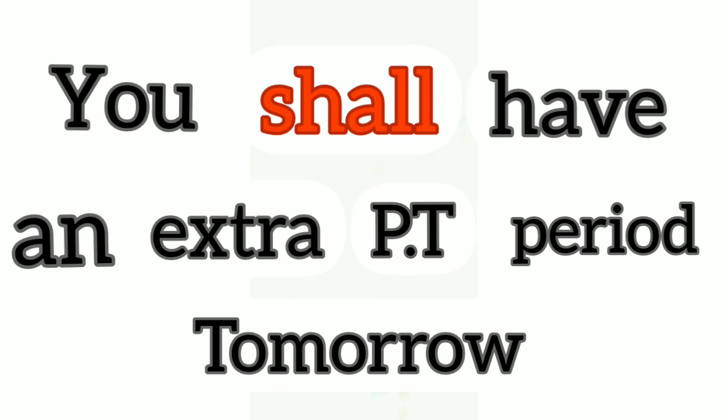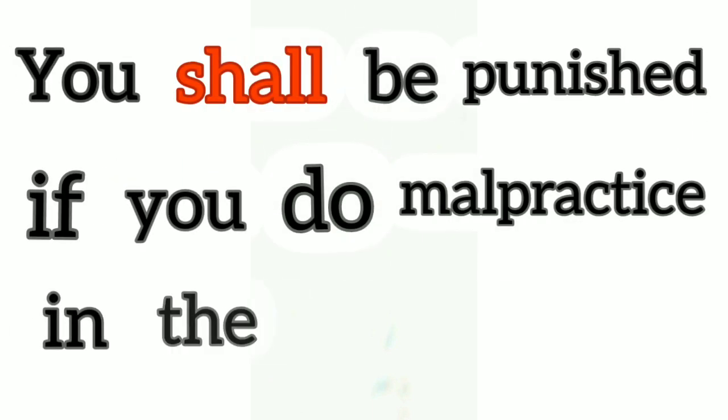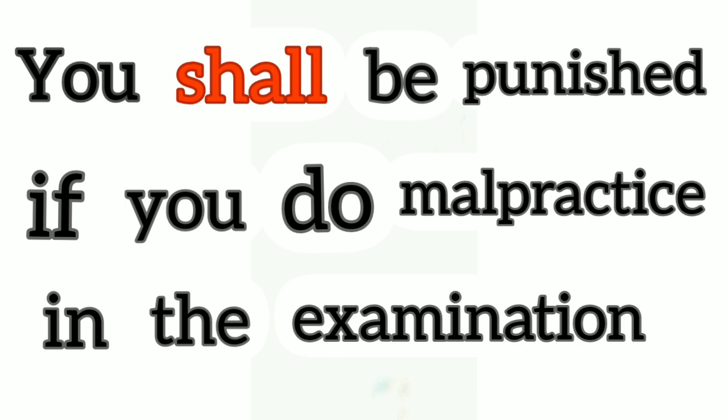And now you can use shall again with second person to convey threat. So you can say, you shall be punished if you do malpractice in the examination. You shall be punished. You are not supposed to do malpractice in the examination.